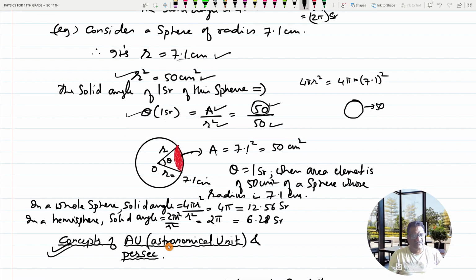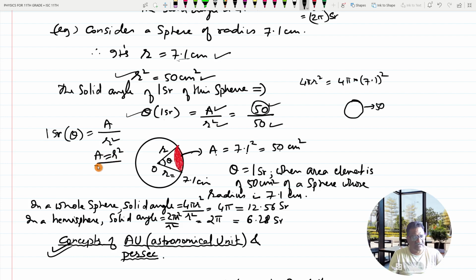Understood? So 1 steradian, 1 SR, is that angle theta for which the area element, this shaded part, the pink element, that area and the r square both will be the same. So this area will also be equal to r square.